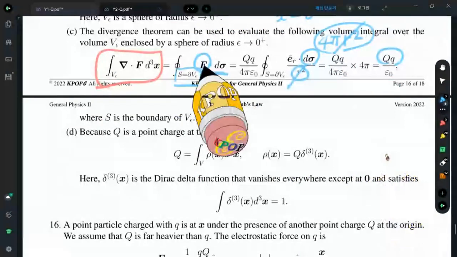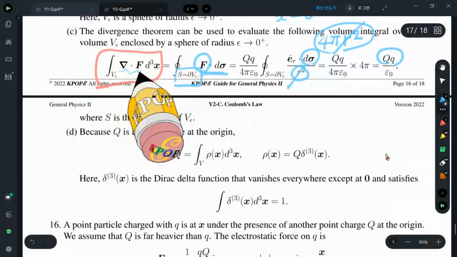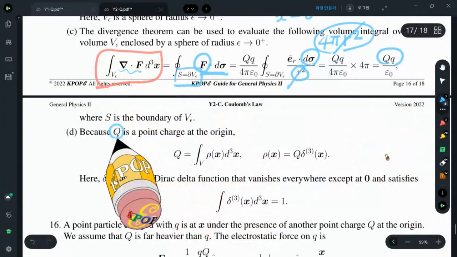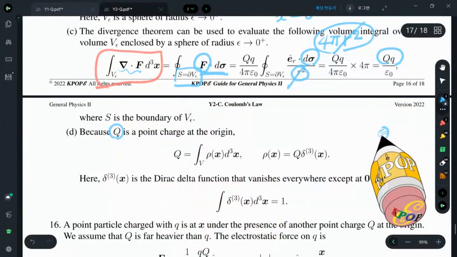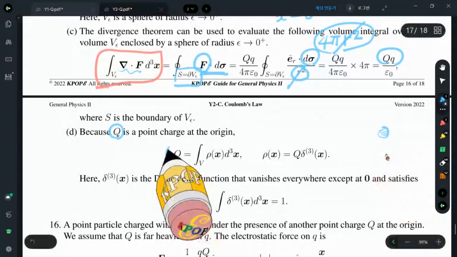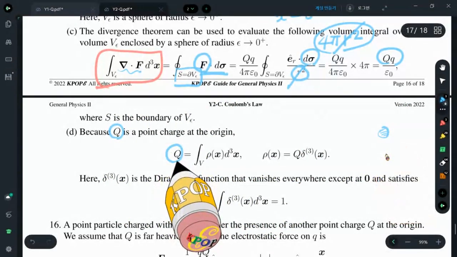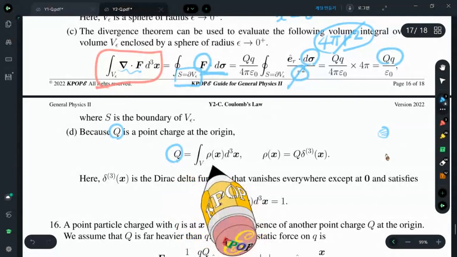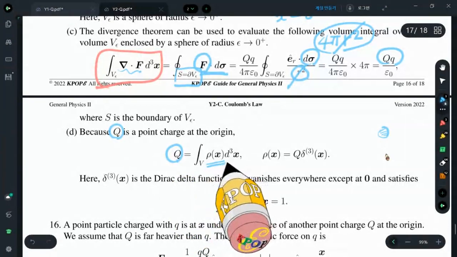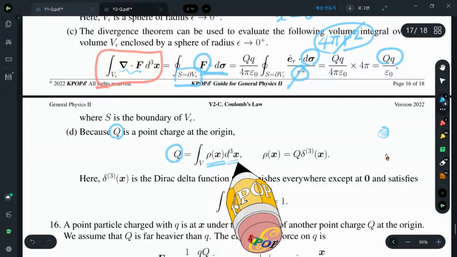Finally, in here, we have charge Q inside a tiny region of very small radius. And charge Q can be obtained by integrating the density over the volume.